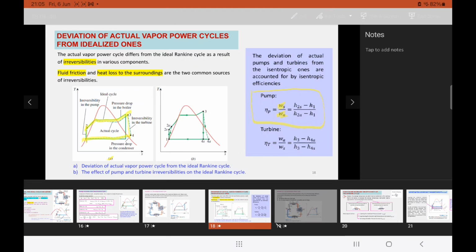Okay, and then for the turbine, the isentropic efficiency of a turbine is given as the ratio of the actual work output of the turbine to the work output that would have been achieved if the process were done in an isentropic manner.